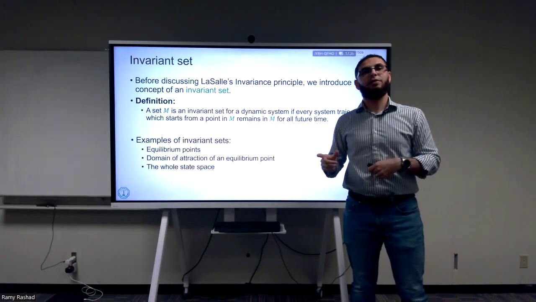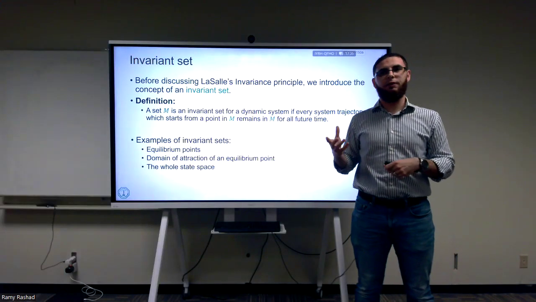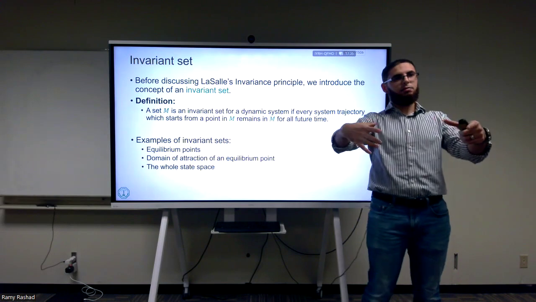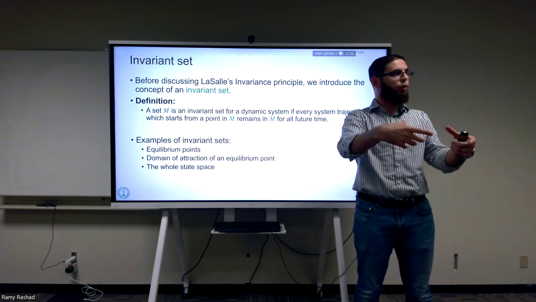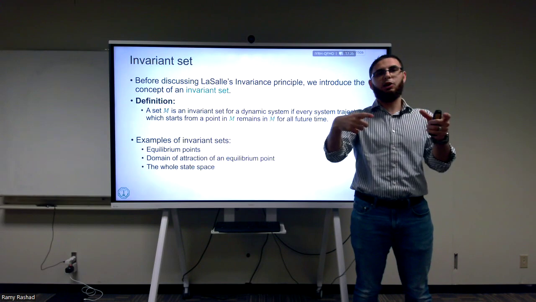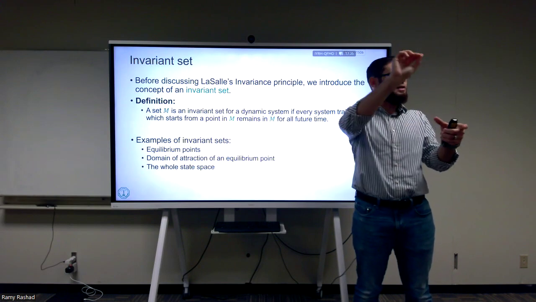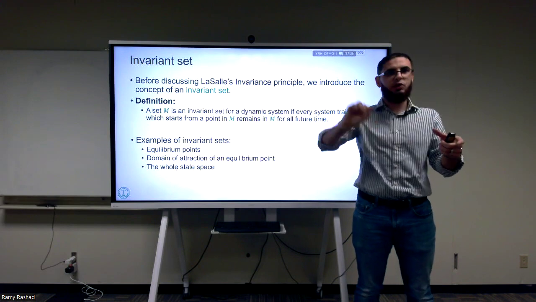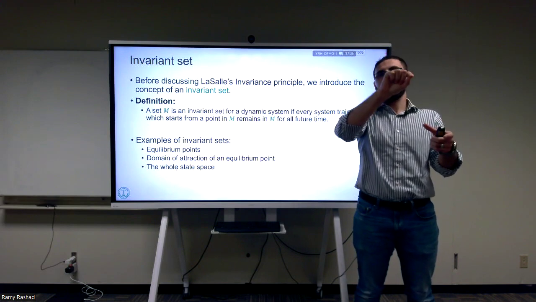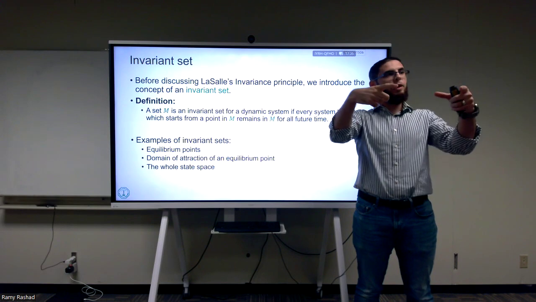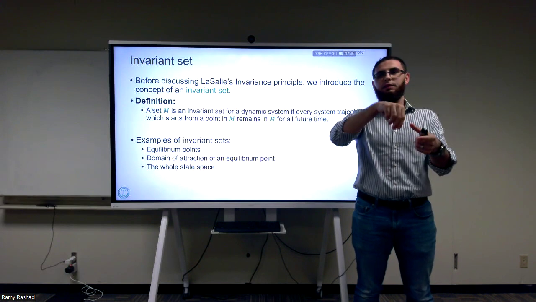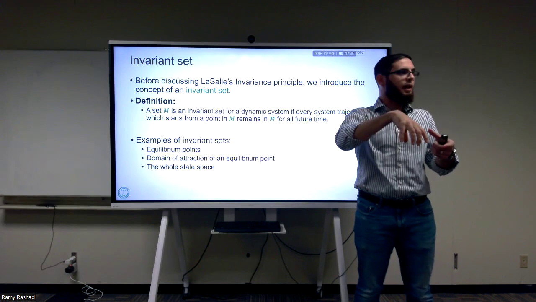What about the domain of attraction of an equilibrium point? You remember what the domain of attraction is? It's a local set around the equilibrium point. If the equilibrium point is locally asymptotically stable, it means that if I start anywhere in this region, after some time I'm going to converge to the equilibrium point. If I start inside the domain of attraction, I always remain inside of it.